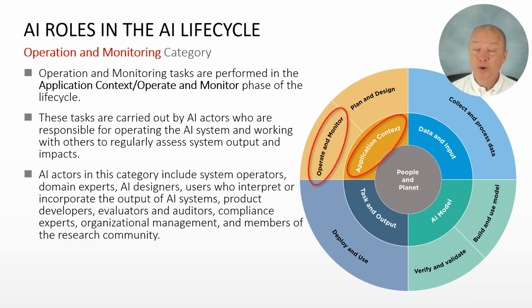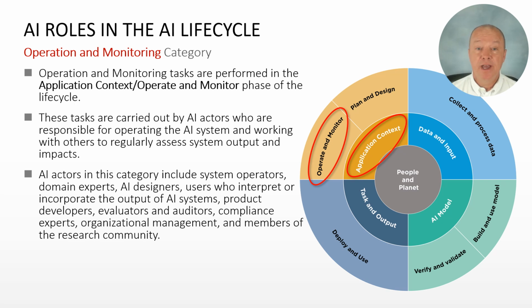And once we've deployed the AI system, we naturally need to now operate and monitor it. Operation and monitoring tasks are performed in the application context, operate and monitor phase of the lifecycle. These tasks are carried out by AI actors who are responsible for operating the AI system and working with others to regularly assess system output and impacts.